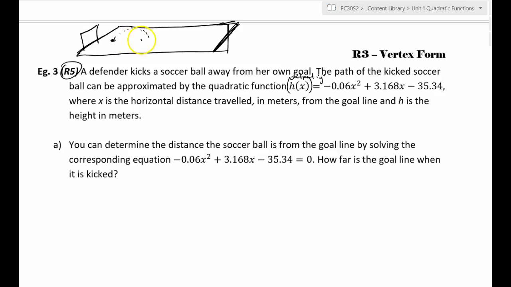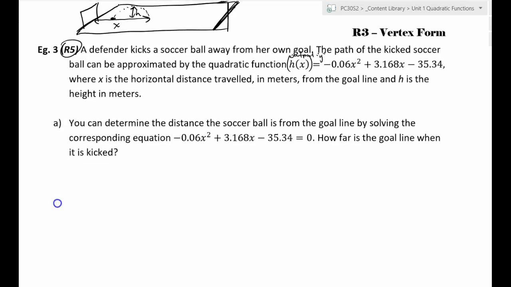So x is measuring here to here at any given point. And h is the height in meters of the ball. You could determine the distance of the soccer ball from its goal line by solving the corresponding equation. How far is the goal line when it is kicked?